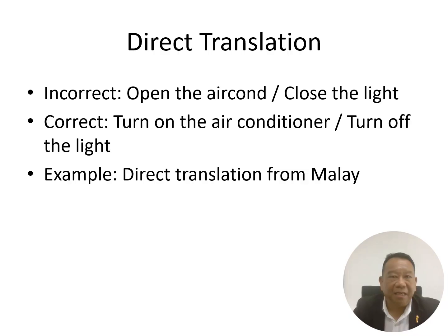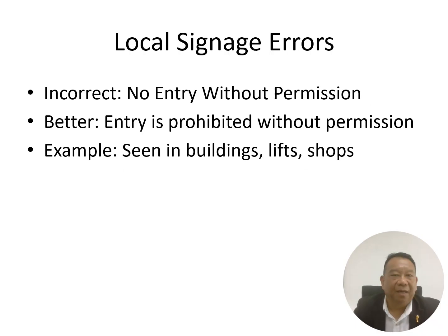The next one is about direct translation. "Open the aircon" or "close the light" is incorrect. The correct sentence should be "Turn on the air conditioner" or "turn off the light." This example is very common because of direct translation from Malay.